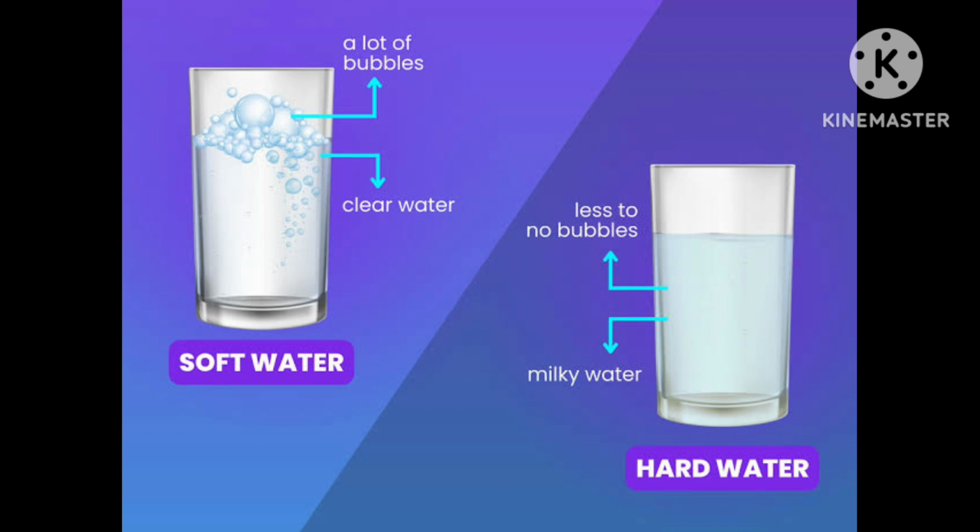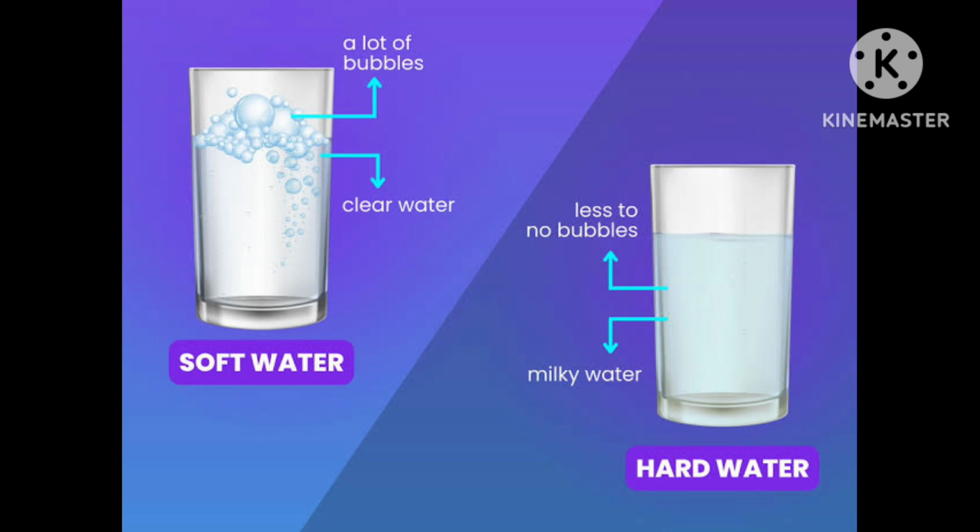Soft water is soluble, but hard water is insoluble. Whatever scum and white precipitate form, that is insoluble. Water that produces lather easily with soap is called soft water.